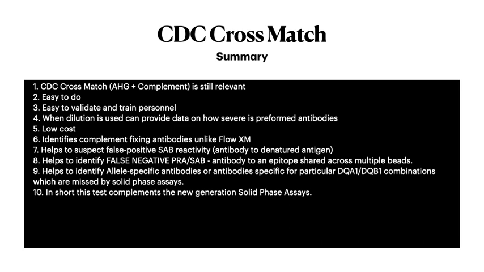So these antibodies bind, and so it is a protection against a false negative PRA. And it also helps to identify the allele specific antibodies for particular DQ A and B combinations, which are missed by solid phase assays. In short, this test complements the new generation solid phase assays, and it should be done properly.